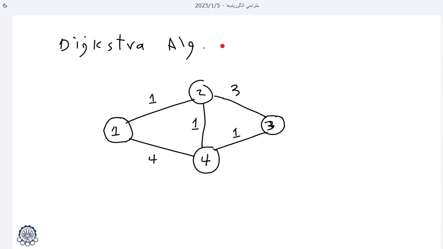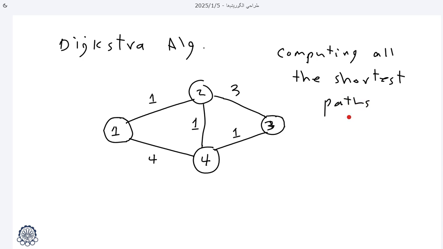In Dijkstra algorithm, we are going to compute shortest paths from one node to the others. Computing all the shortest paths from one given vertex to the others.